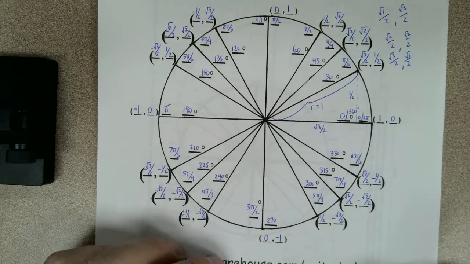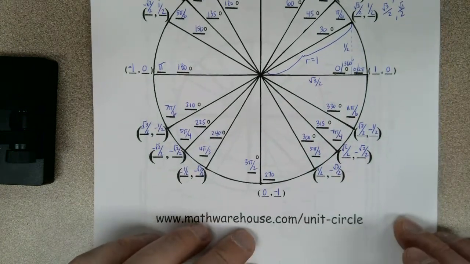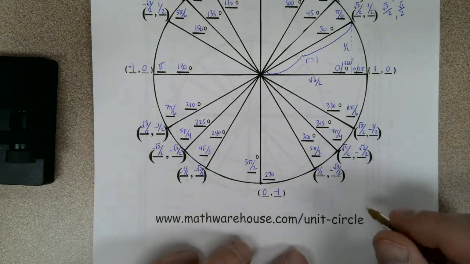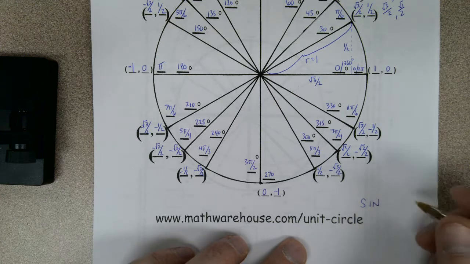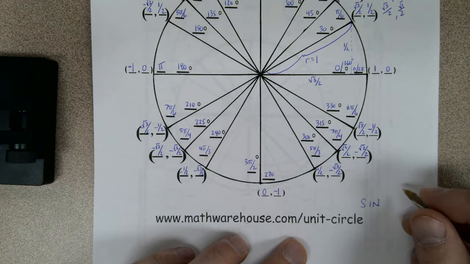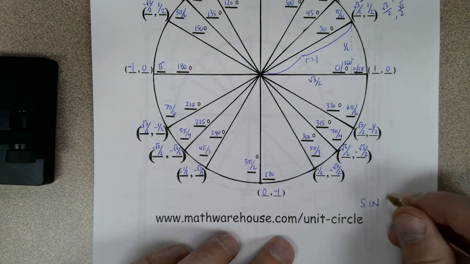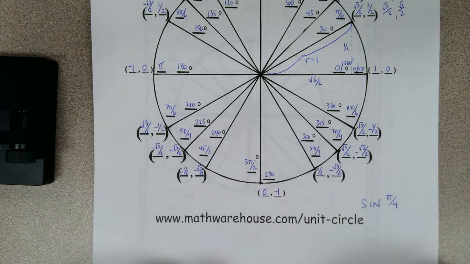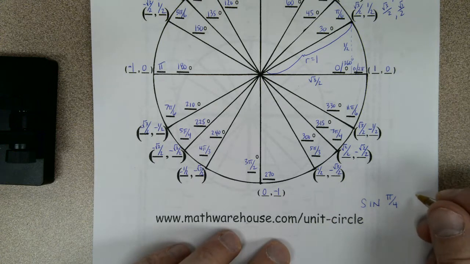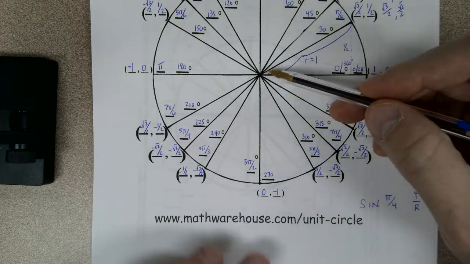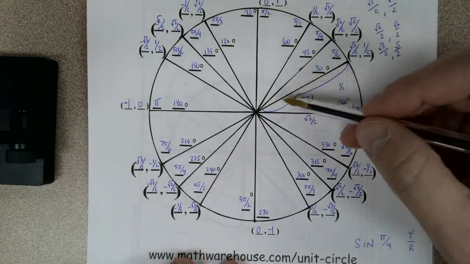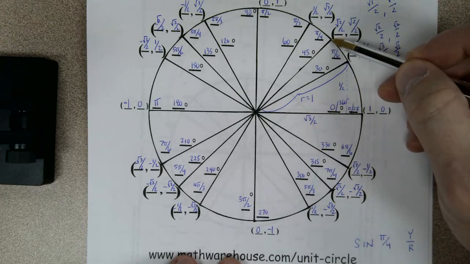Going back to what we talked about last week, I'm just going to take a sample one here. Let's say I wanted to find the sine of pi fourths. Well, we know that sine is y over r. At pi fourths, here's my pi fourths value.